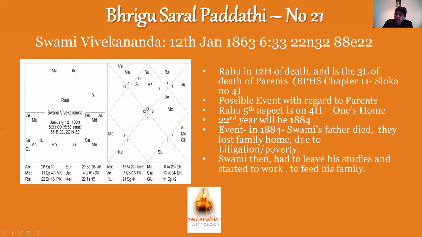Now, Rahu in the 12th is also the 3rd lord. The 3rd lord also represents death of parents, as mentioned in Brihad Parashara Hora Shastra, chapter 11, shloka number 4. That also gives an indication that something with regard to his parents would have happened.